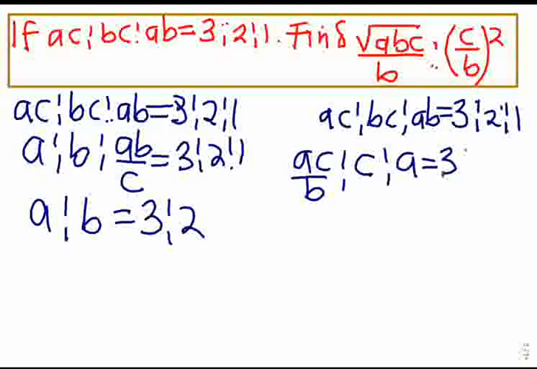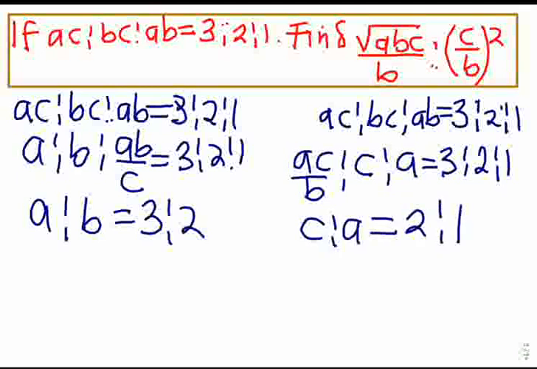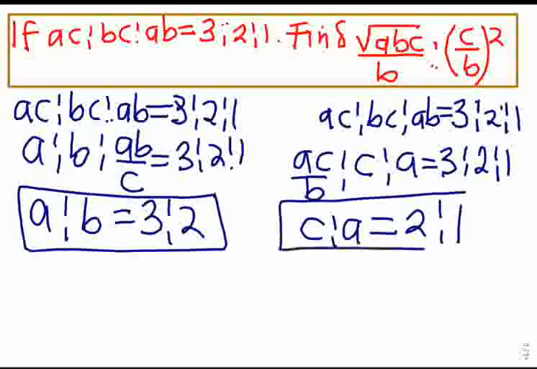As I said previously, the ratio will still remain the same as 3 to 2 to 1, having divided through by B. So from here, the ratio of C to A is equal to 2 to 1. C is 2 while A is 1. So I have been able to bring out the ratio between two terms each. A to B is 3 to 2 and then C to A is equal to 2 to 1.